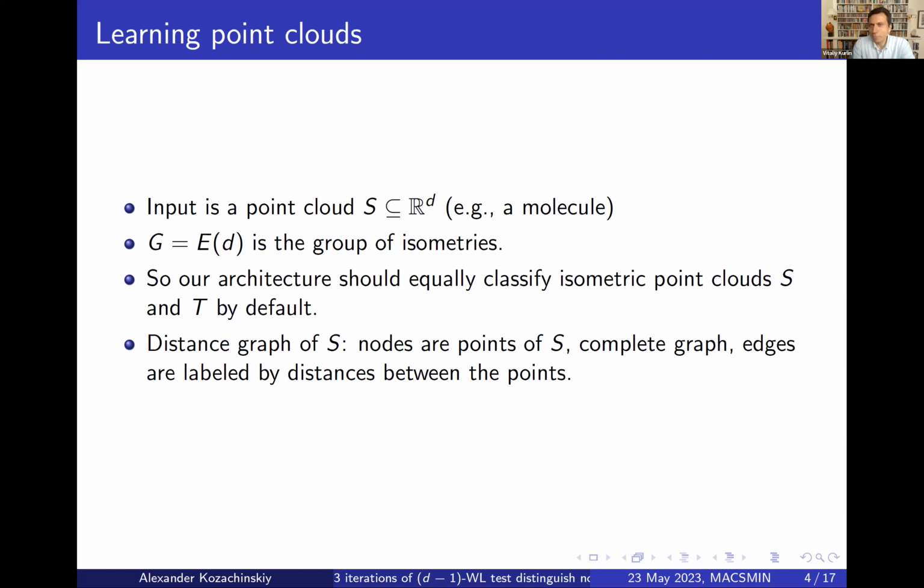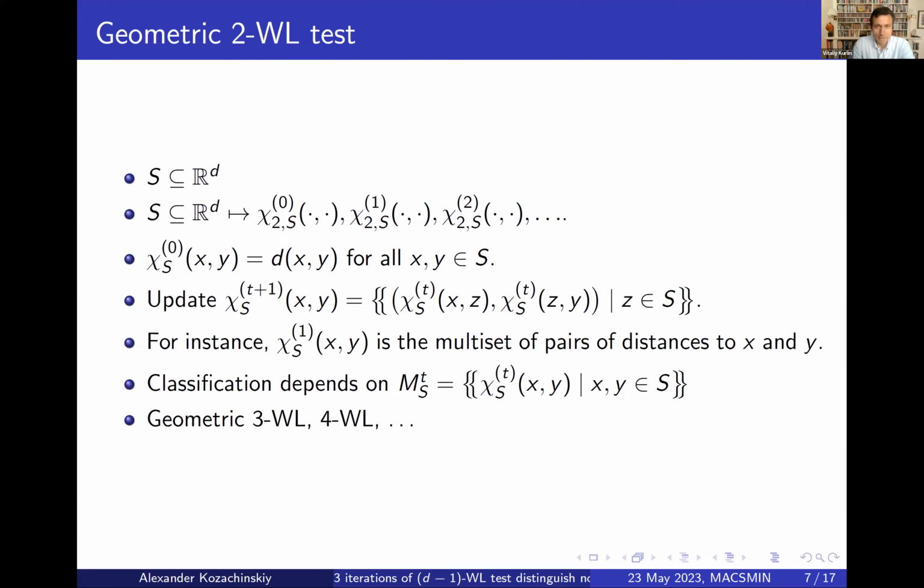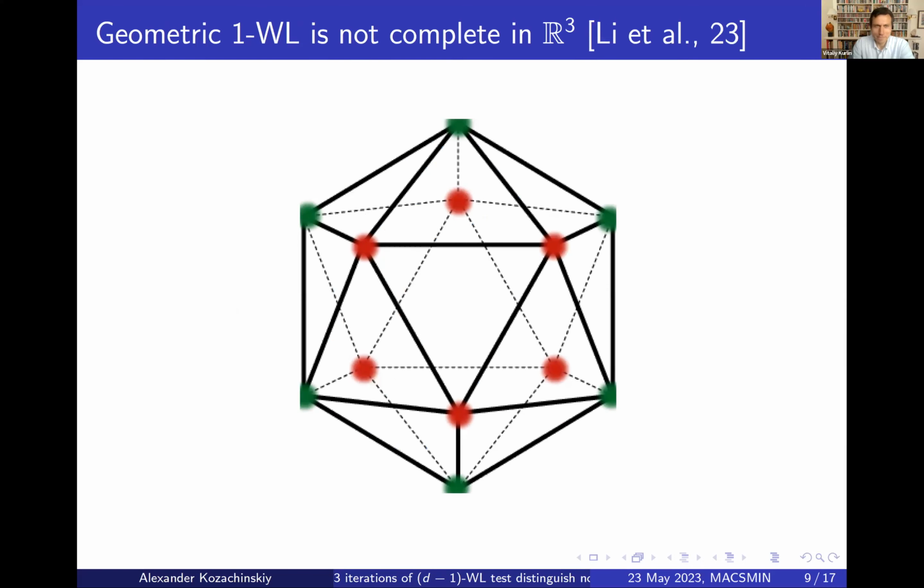This is an example from Kozachinskiy, right? Yeah, there are examples like that. Well, I actually can show it. Yeah, probably it will be easy.